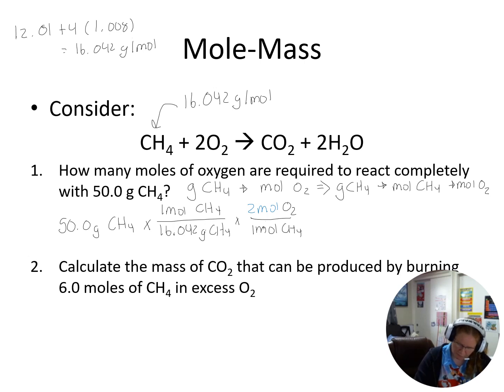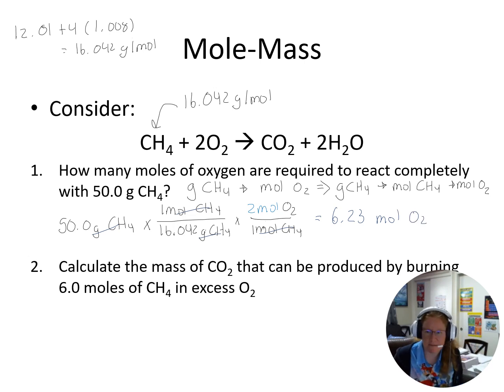Okay, and we look good. My grams cancel, my moles cancel. I have moles of oxygen. Okay, and we end up with 6.23 moles of oxygen. And that works on our significant figure level because I have 3 significant figures with my 50.0 grams of methane, so I have 3 significant figures for my moles of oxygen.